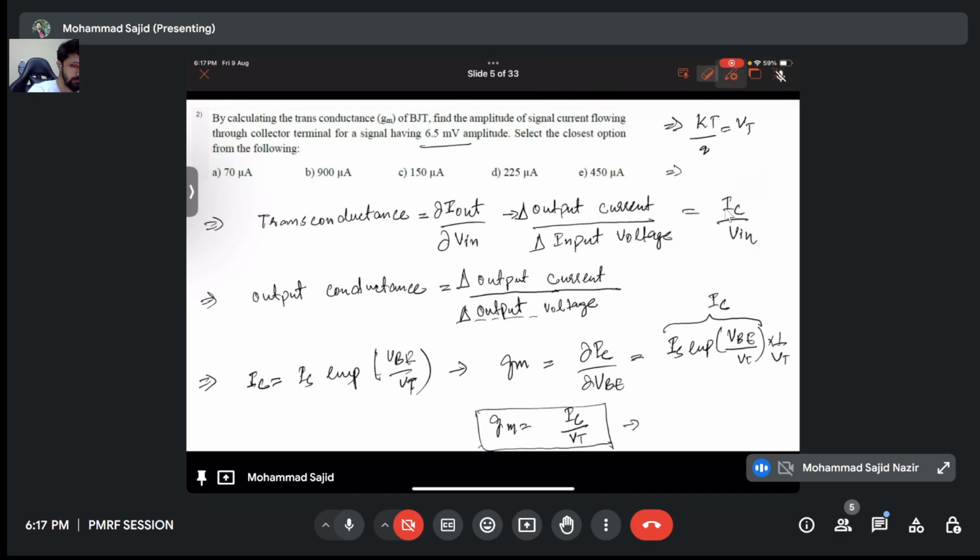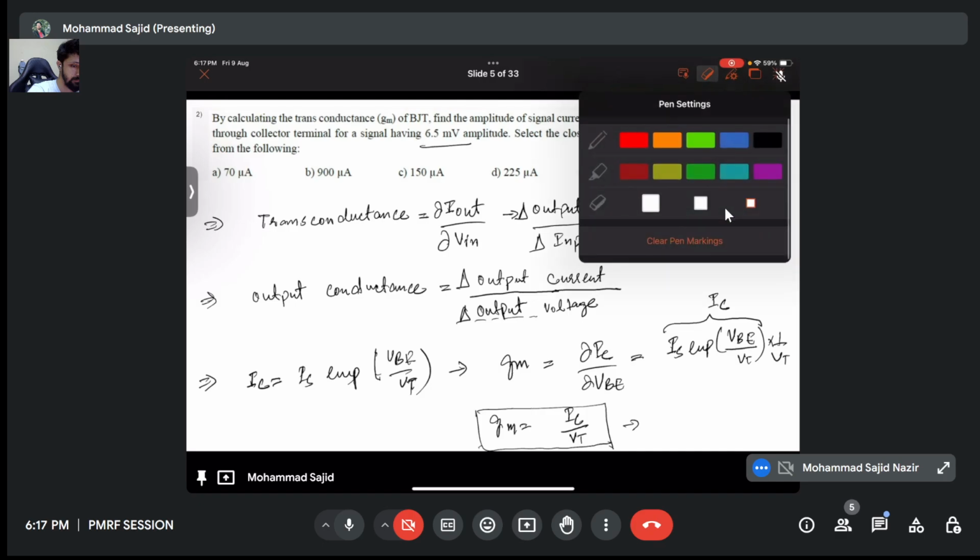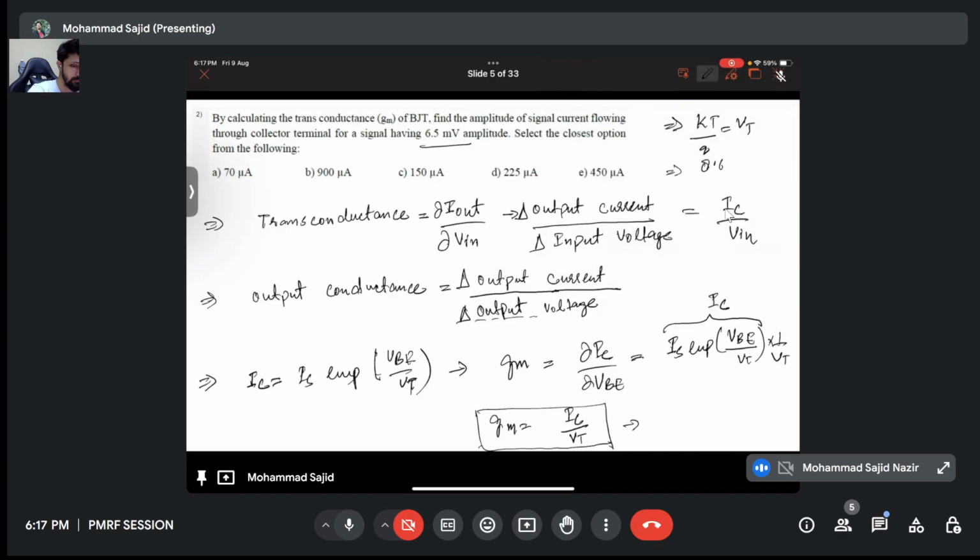But in electron volt, it is 8.65 into 10 to the minus 5 electron volt, divided by 1.6.